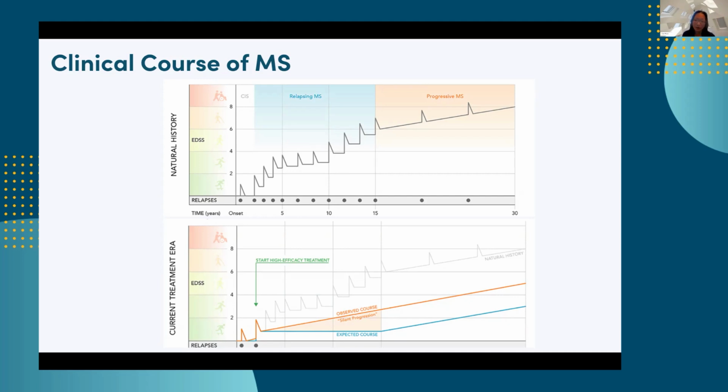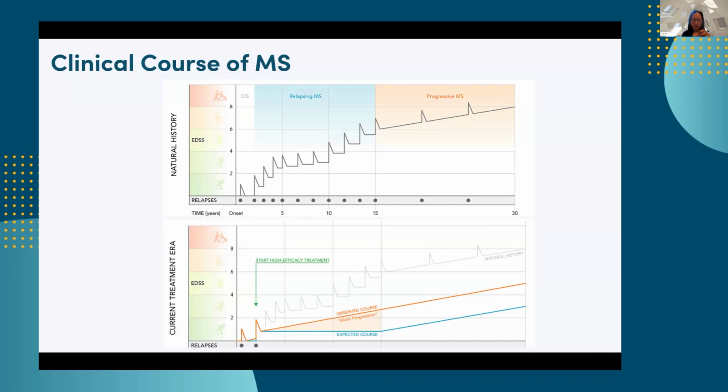So our definitions of progression have changed, our definitions of the clinical courses of MS have changed, and we're no longer talking about relapsing-remitting converting to secondary progressive, because that didn't actually match what was happening once we were able to stop relapses. We're not really talking about the classifications of relapsing-remitting and progressive.